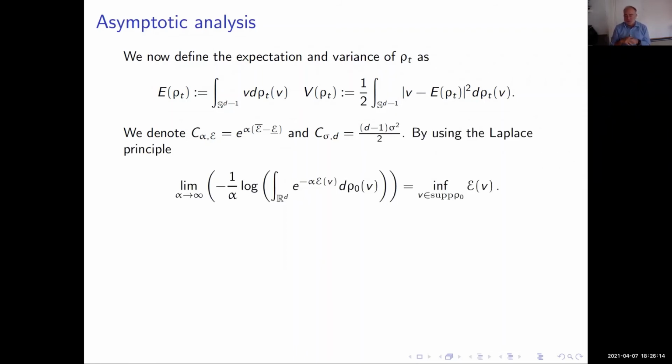Now we introduce the Laplace principle. The Laplace principle tells that you can approximate the minimum of a certain objective over the support of a measure by taking the limit for alpha going to infinity of minus 1 over alpha, the logarithm of a certain integral with respect to the measure of the exponential e to the minus alpha times the objective function itself.